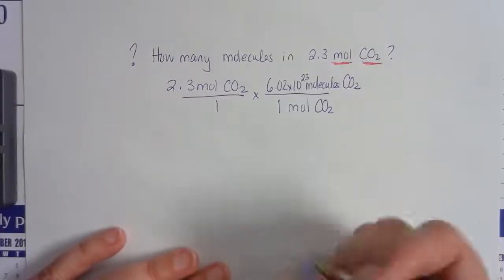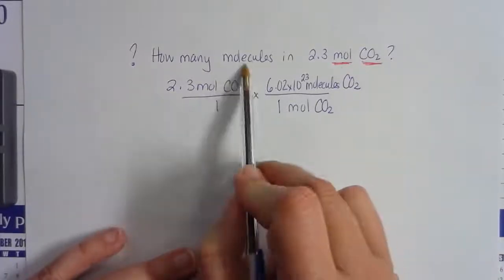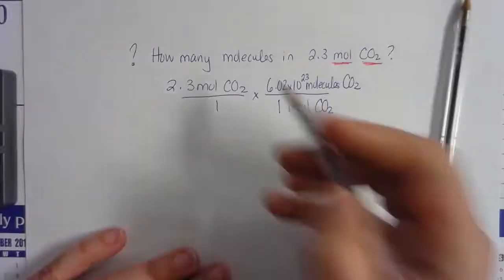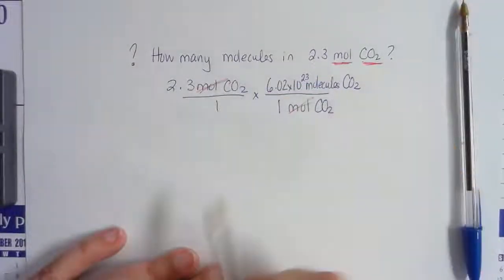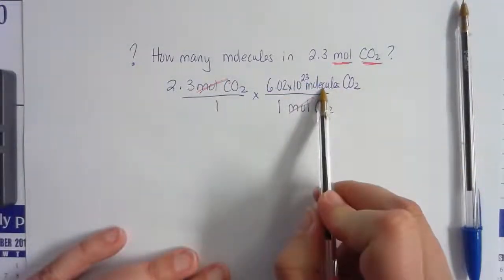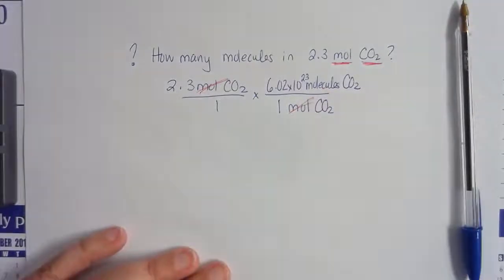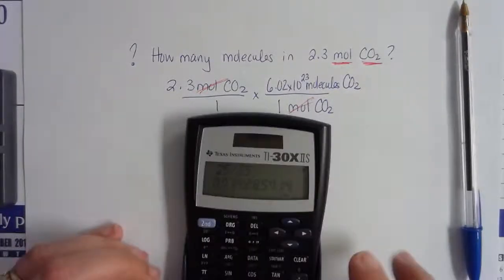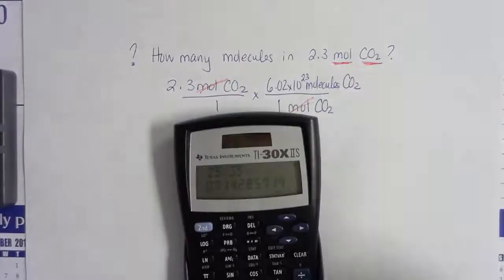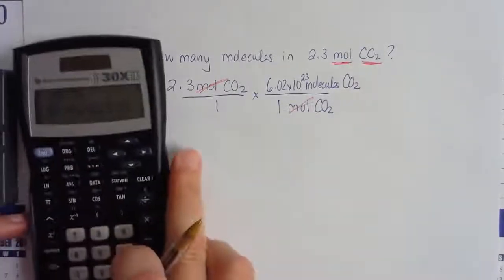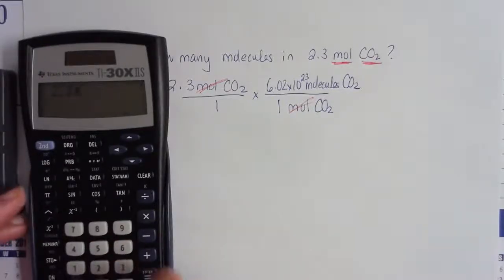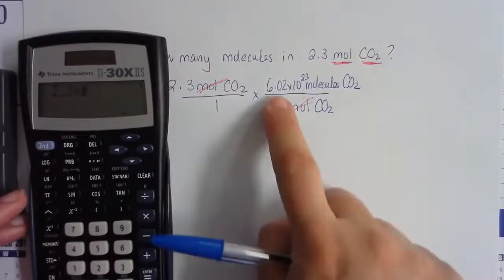All right. So do we have the unit that we're looking for? We've canceled our moles. We have molecules left. Is that what we were seeking? Yeah. So here, you got to be careful when you're doing your scientific notation on your calculator. We've learned this before. So we're going to type in 2.3, and then multiply by our Avogadro's number.